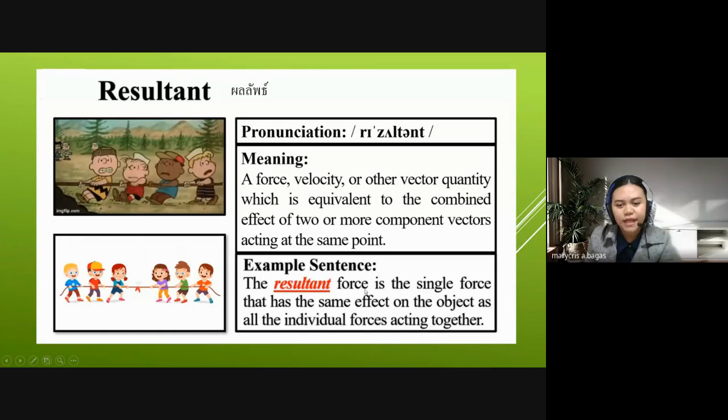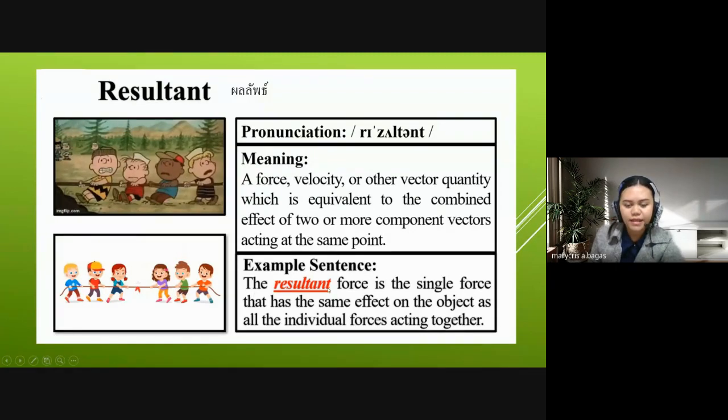The resultant force is the single force that has the same effect on the object as all of the individual forces acting together. Okay, can you read by your own? Example sentence.